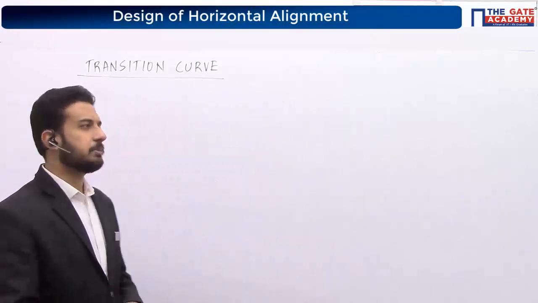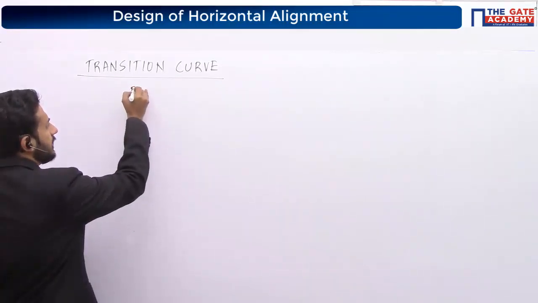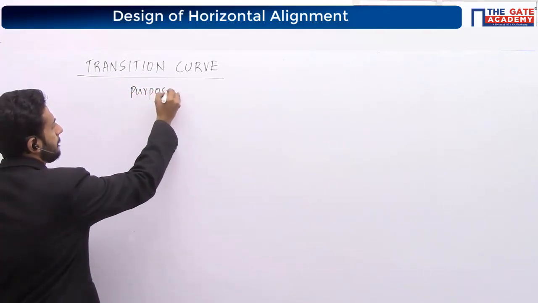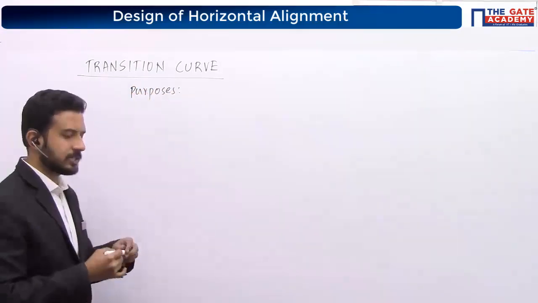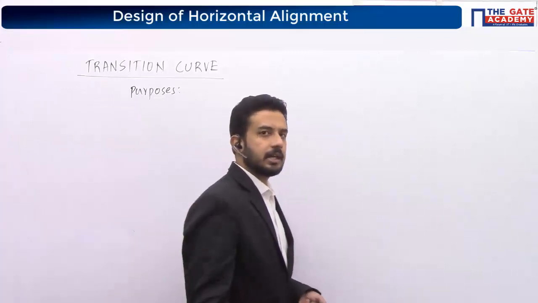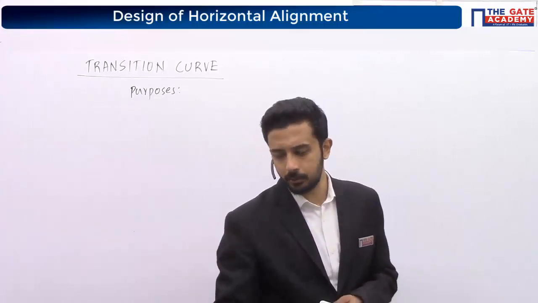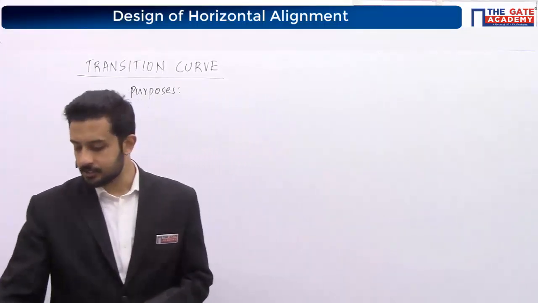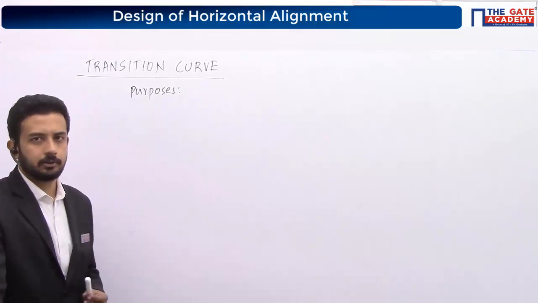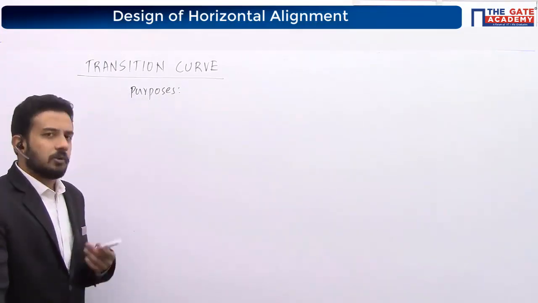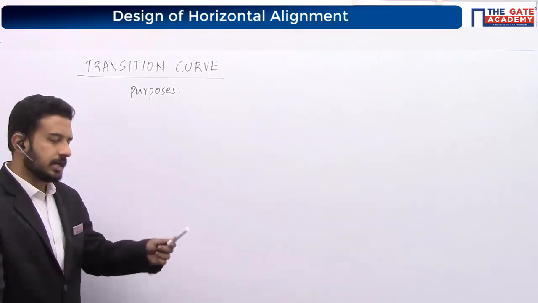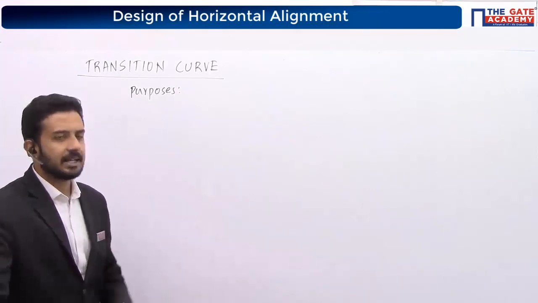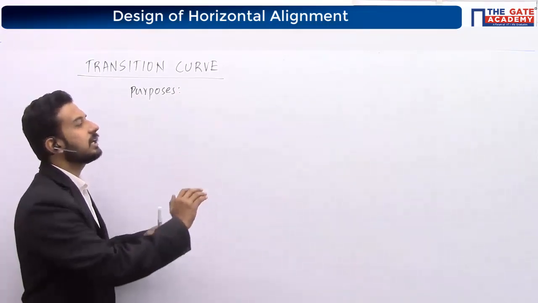For the transition curve, you can write its purposes simply. Why are we using a transition curve? First point: to connect a straight road to a circular road. Why are we connecting actually? There are some points. One thing is that only then can we gradually give the extra widening.